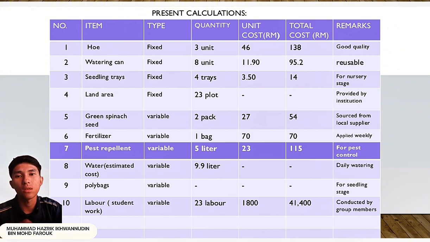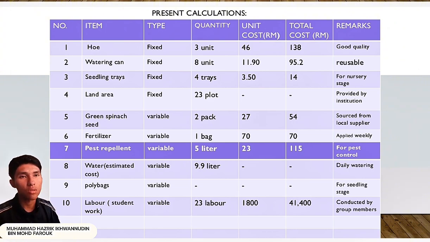Next slide is the total fixed input cost, total variable cost, and total input cost. For the total variable cost, we add all the total costs, which we can see at the present calculation slide.